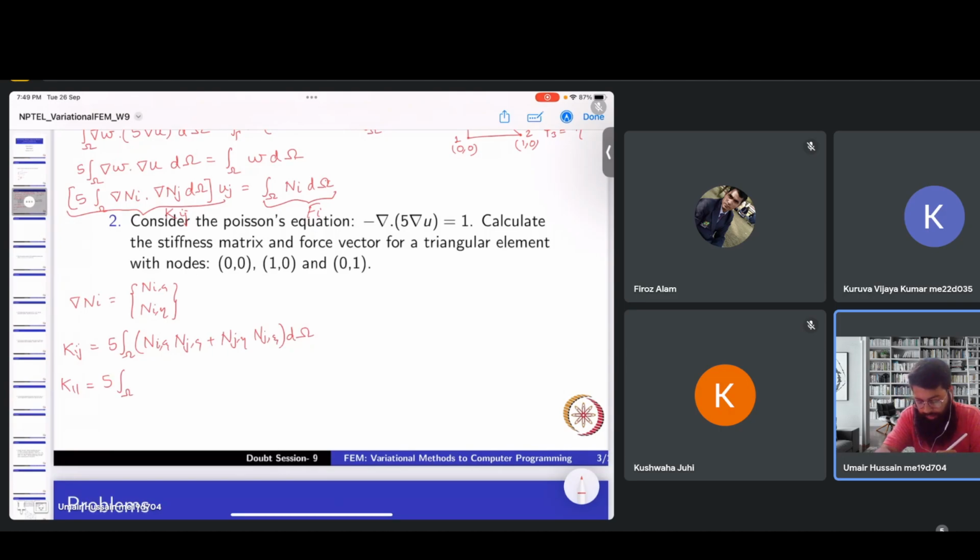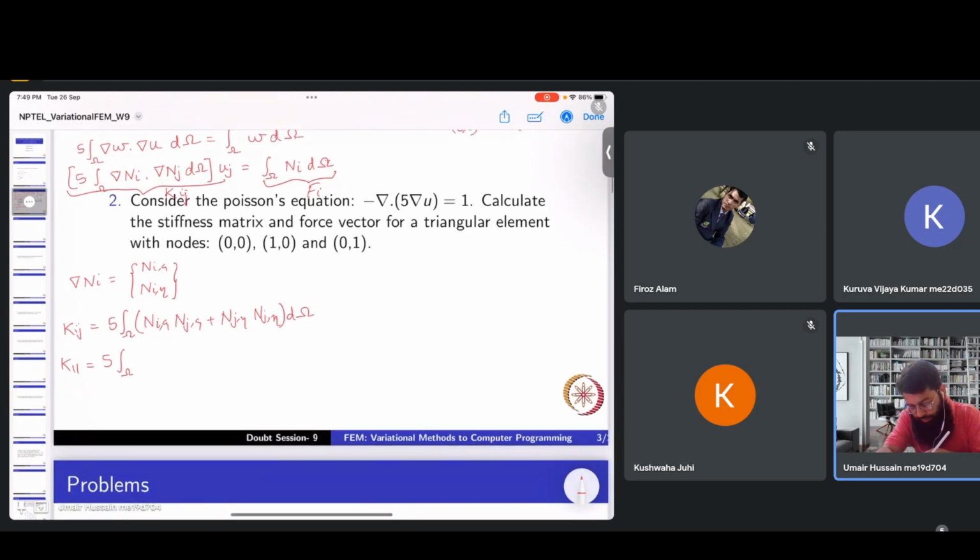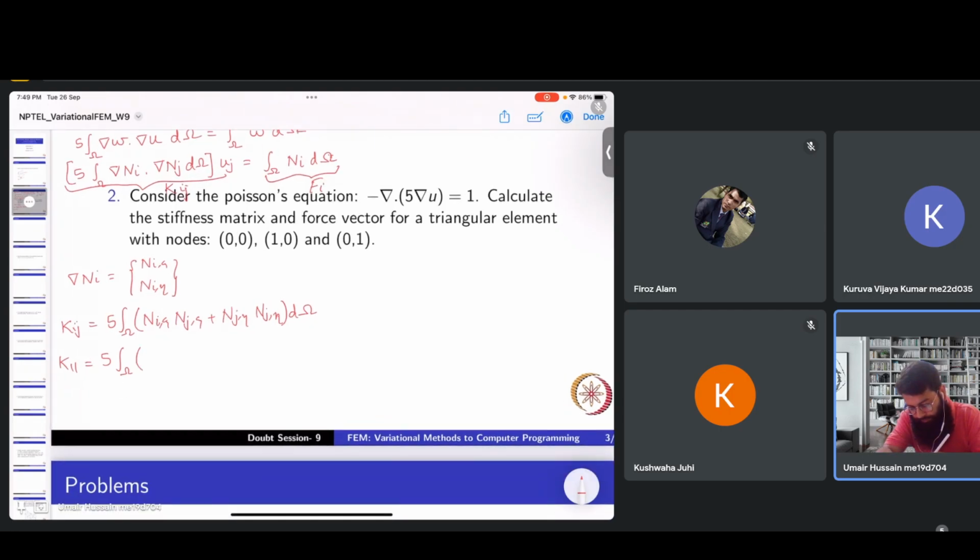So we have N1 comma xi, N1 comma xi. Sorry, I made a mistake here, it should be eta. And then again N1 comma xi. So it would be N1 comma xi times N1 comma xi plus N1 comma eta times N1 comma eta. So we have N1 comma xi squared plus N1 comma eta squared.